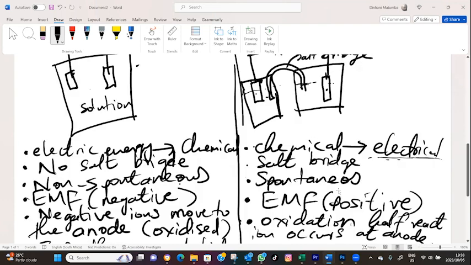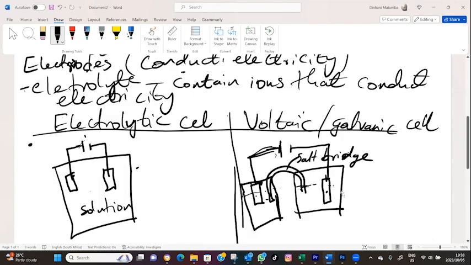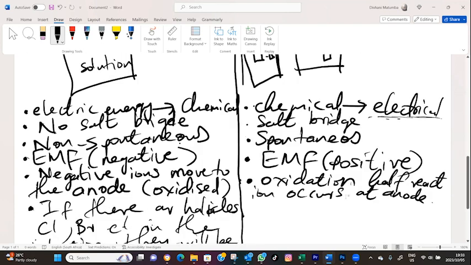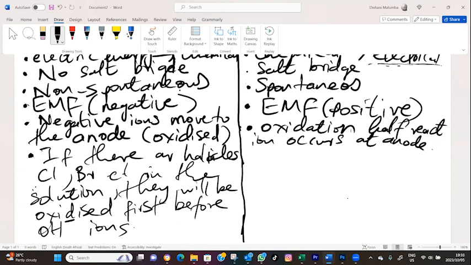Now, with a galvanic cell, for example, we will have half reactions. And what we know is that the strong reducing agent is oxidized.